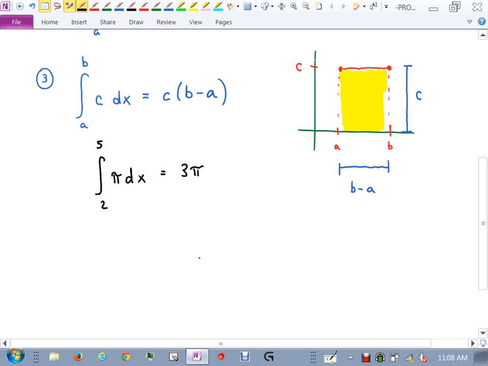Fourth property. We've already talked about this, but I'm going to state it. If we have a definite integral, and inside the integrand, that's the thing that we are integrating, is the sum or difference of two functions, then we can split it into two definite integrals and do each one at a time.